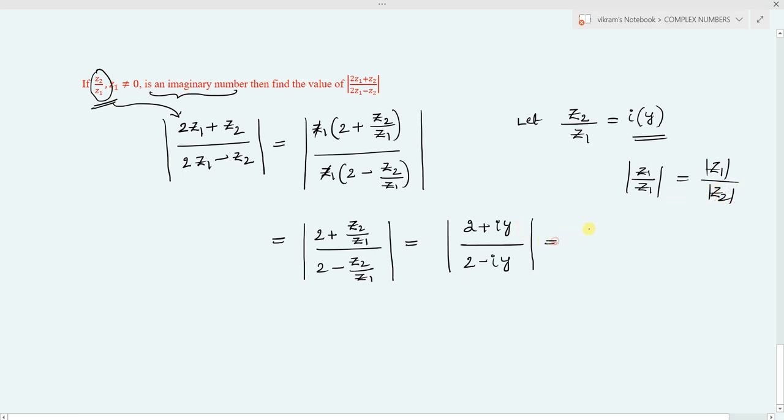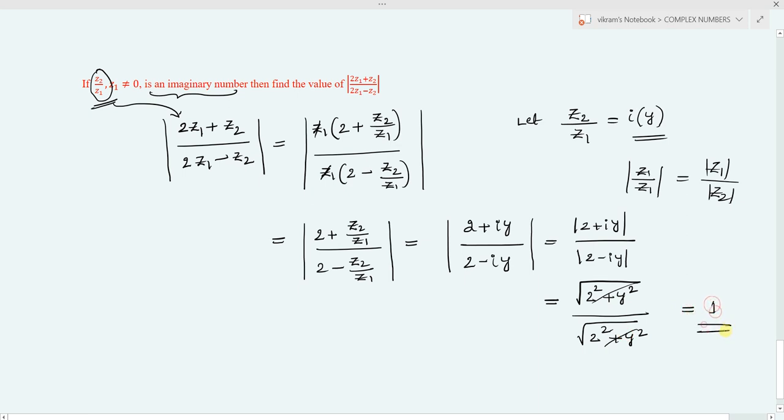So this equals mod of 2 plus iy by modulus of 2 minus iy. The modulus of z is the square root of x square plus y square. That means square root of 2 square plus the imaginary part square, by again the square root of 2 square plus the imaginary part square. Simply we get the resultant as 1. So for the given expression, mod of 2z1 plus z2 by 2z1 minus z2, the resultant is 1.